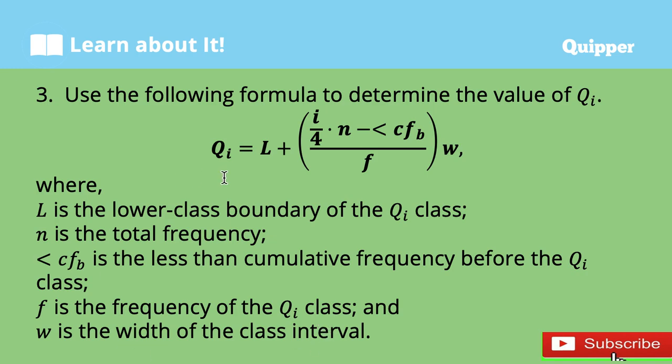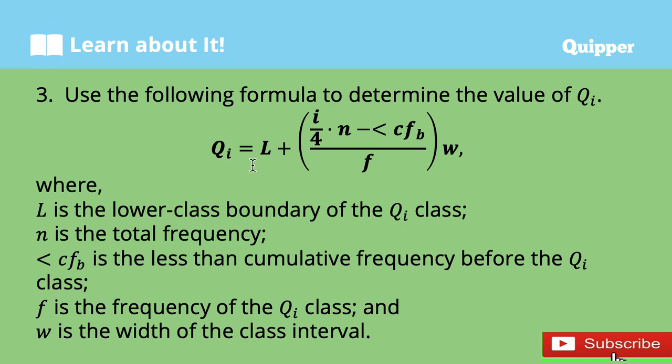Third, use the following formula to determine the value of Q sub i. After we know the Q sub i class, the next step is to use this formula to find the value of Q sub i.